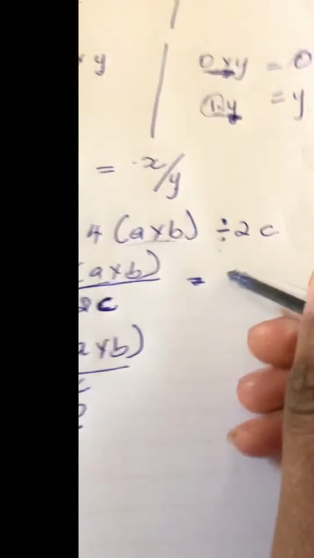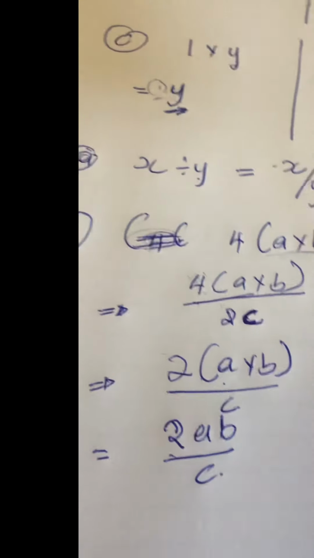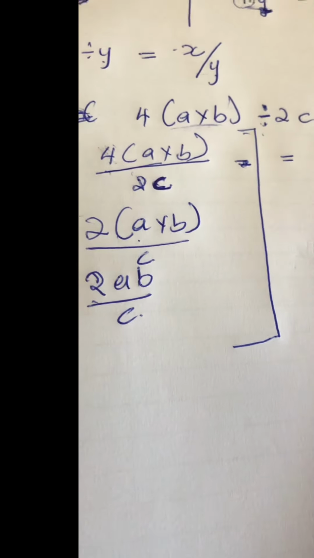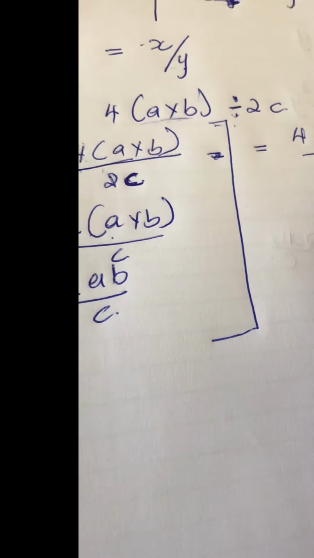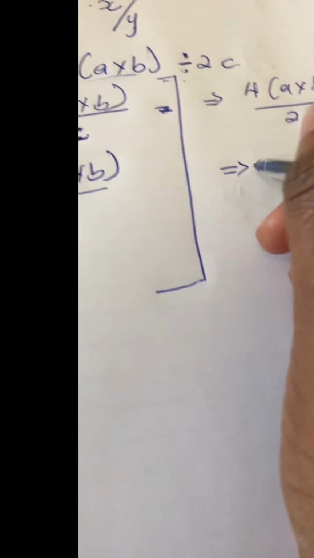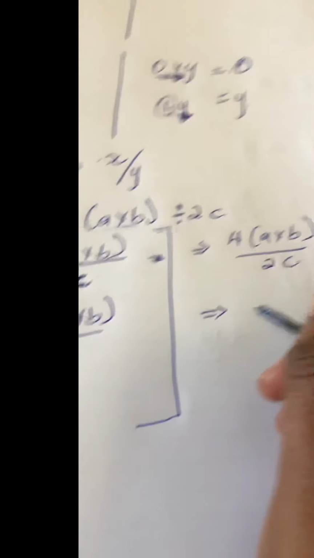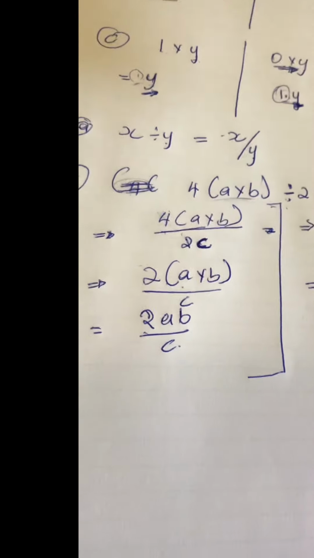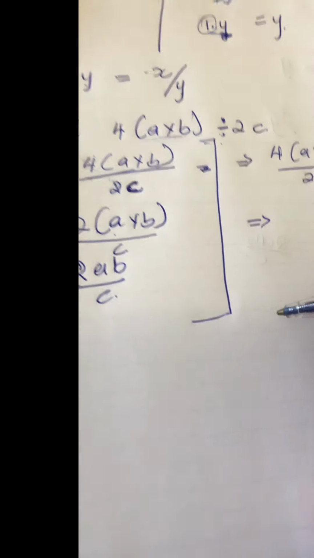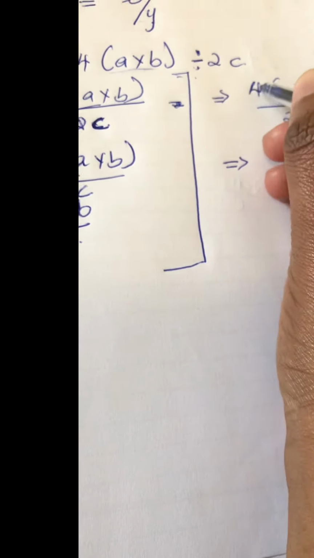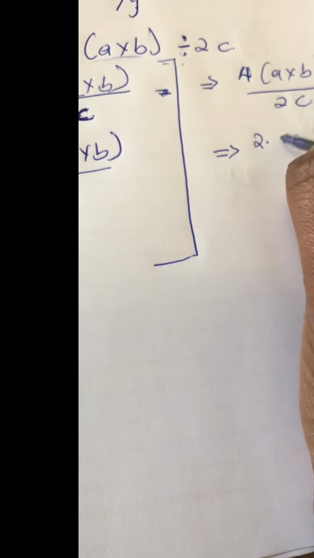And I want to show you another step. Let's say we have written this as 4 into A times B all over 2C. They say there are many ways to kill a cat, so mathematics has so many ways to get to the right answer. Another right answer, you can say 4 is 2 times 2.